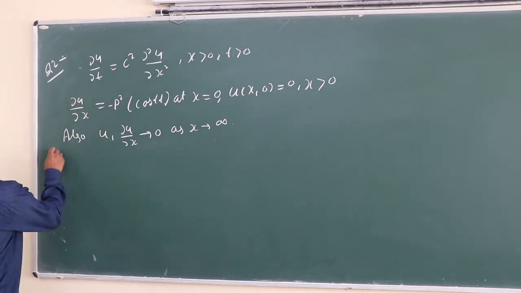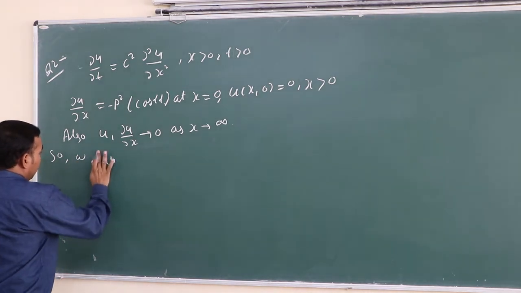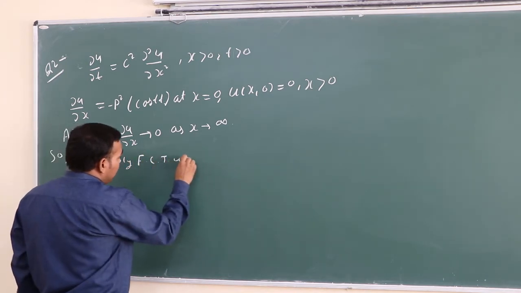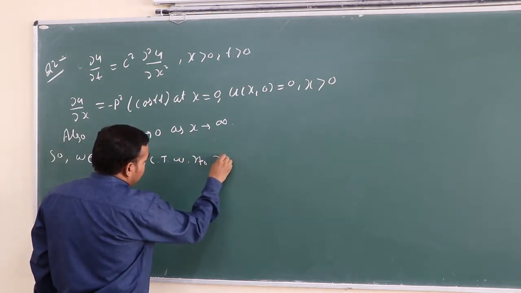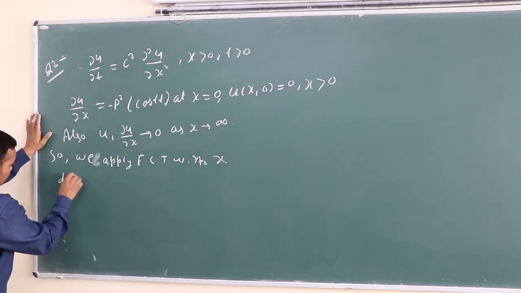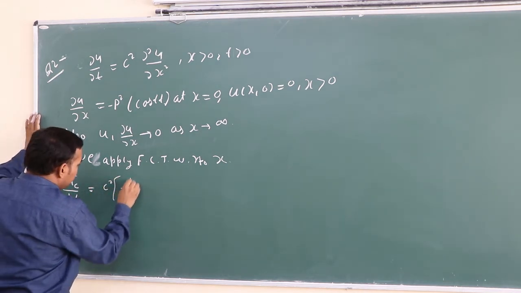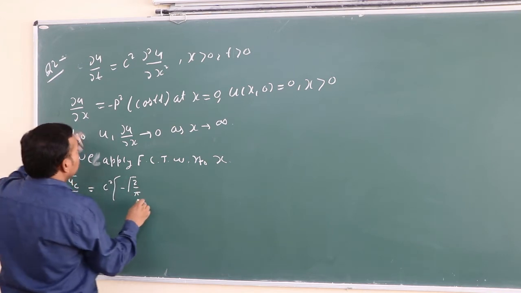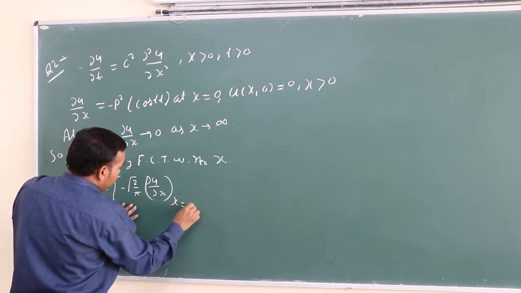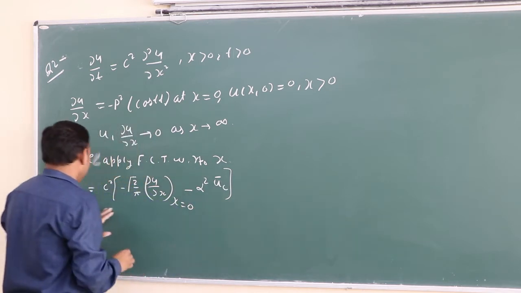So we apply the Fourier cosine transform with respect to x. If you apply the Fourier cosine transform, we simply get c square times minus under root 2 upon pi, del u upon del x at x equal to 0, minus alpha square u_c bar.